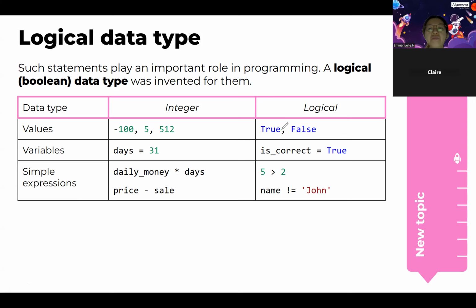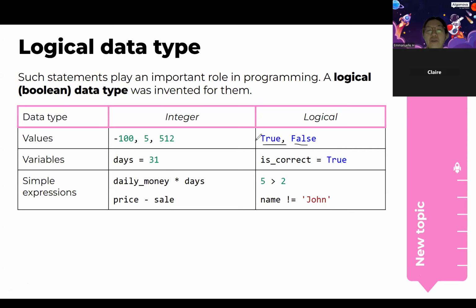So this is how to write the logical data type, true and false. For example, if we check is 5 greater than 2, if it's yes, it will return true. And if it's wrong, it will print false. So that is the logical data type.